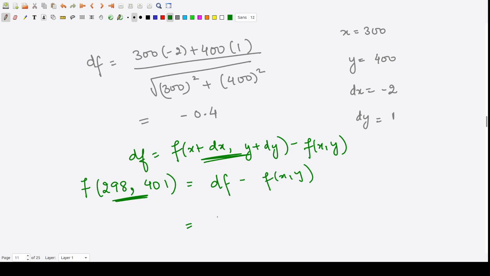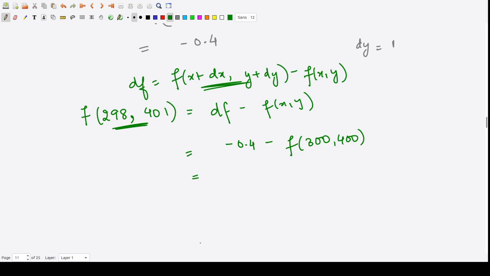Df is minus 0.4, and f of x comma y is the function's value evaluated at the point 300 and 400. So here it should be plus, right?